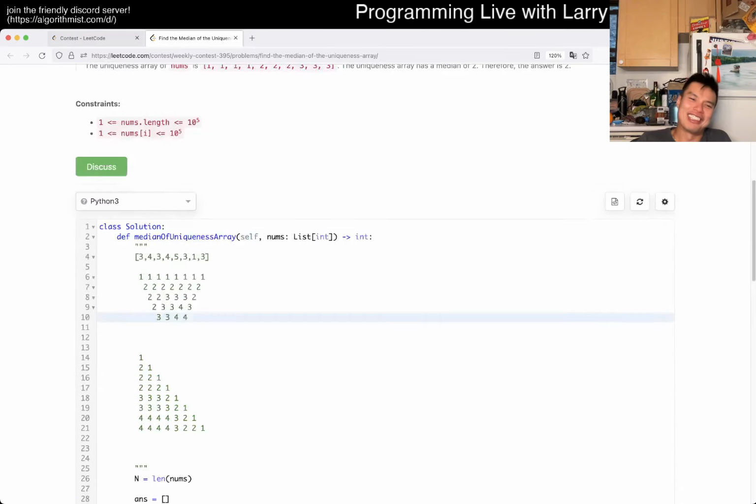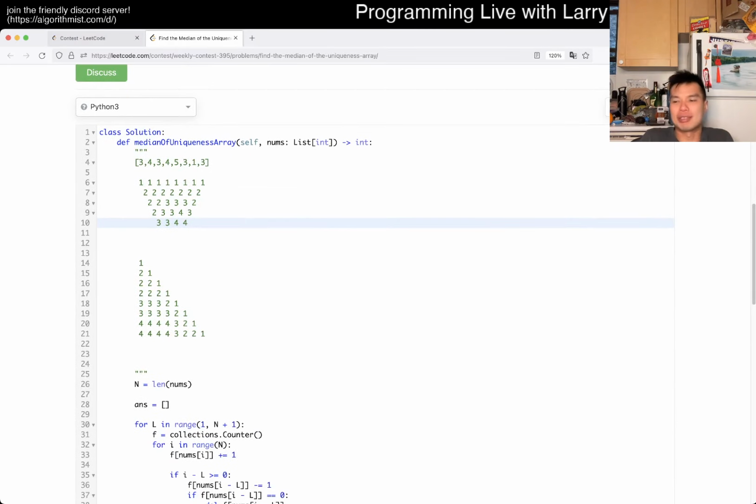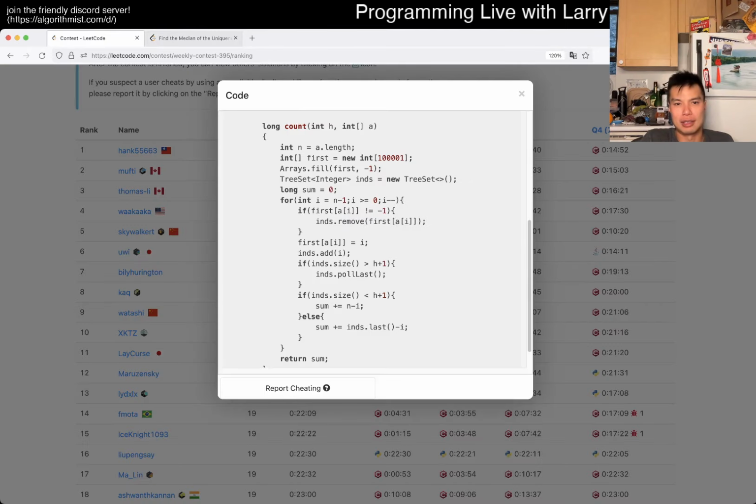I don't know how to get it. I think I have some idea about what it's saying, but I don't know that I understand it. It's going backwards. Okay, fine.